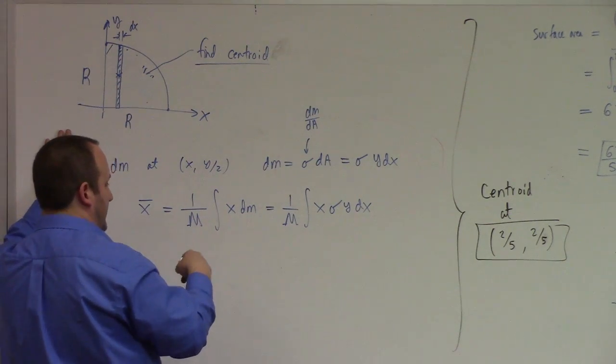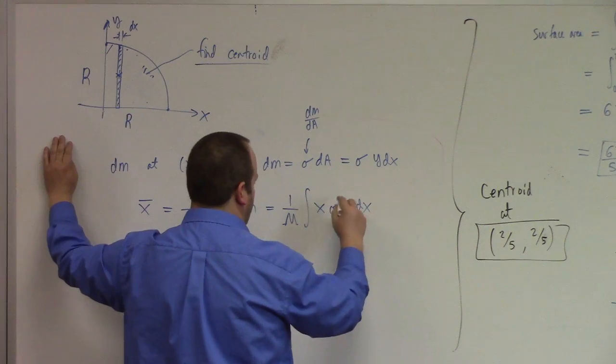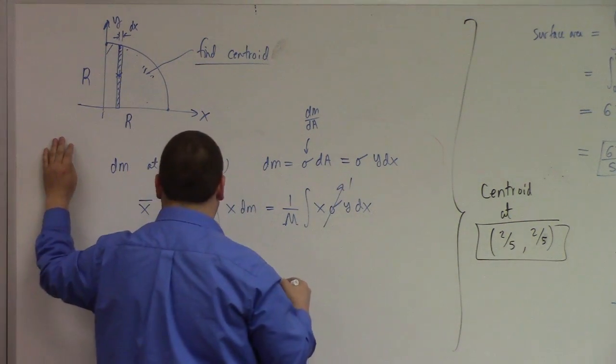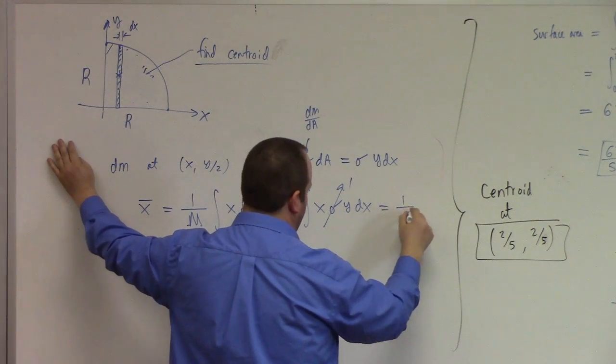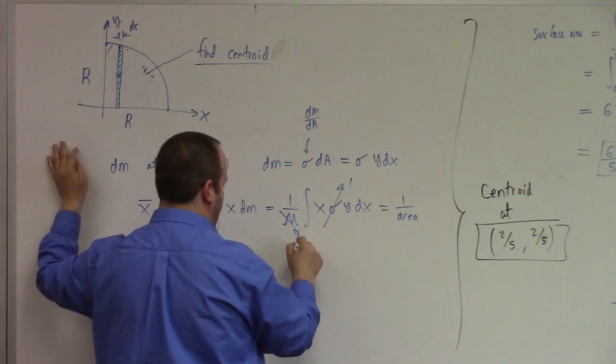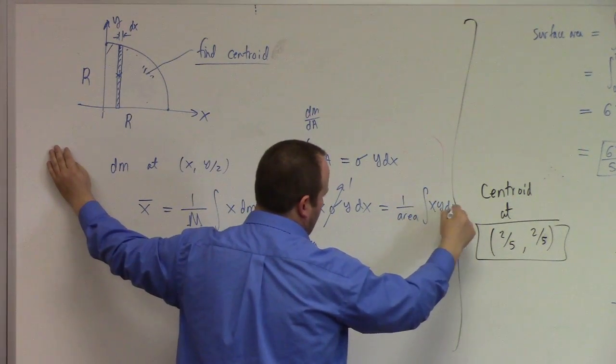This is going to be fine for the x, I think. So you have to do this integral. To find the centroid, you just put the density equal to 1. So I think the formula for x bar is 1 over the total area. This becomes area. So you have 1 over the area integral of xy dx, is that right?